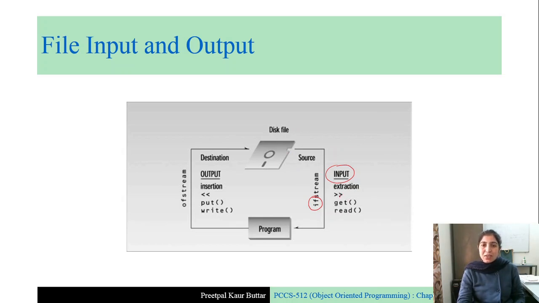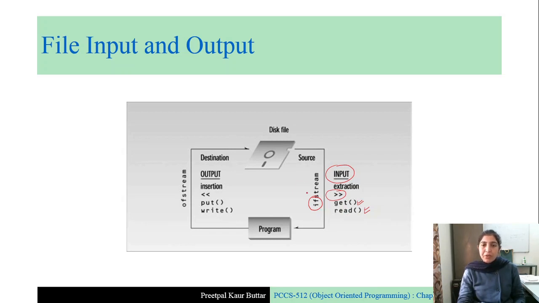We can use the extraction operator, we can use the get function, we can use the read function. We will see examples of these, how to read the data from the file using the extraction operator, the get function, and the read function, in just a moment.